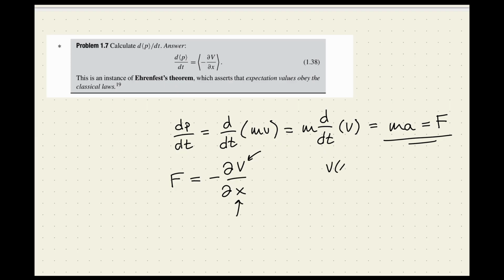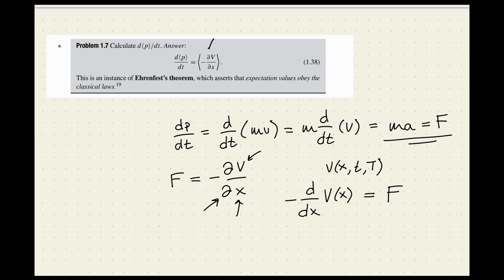Normally this potential function is a function of x position, but it could be a function of other variables like time, temperature, whatever. So this is why you have a partial derivative here. But if it is only a function of x, then you can take a full derivative, and you take the negative of that, you get force. So this is a classical law.